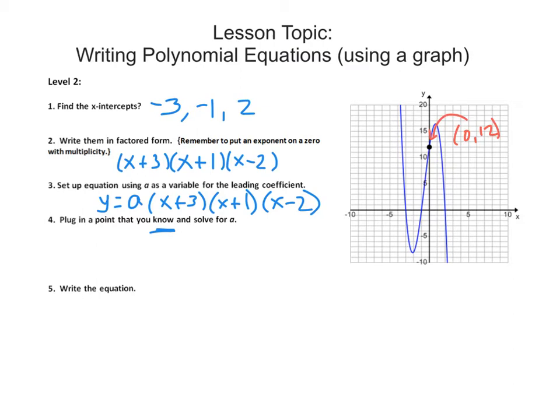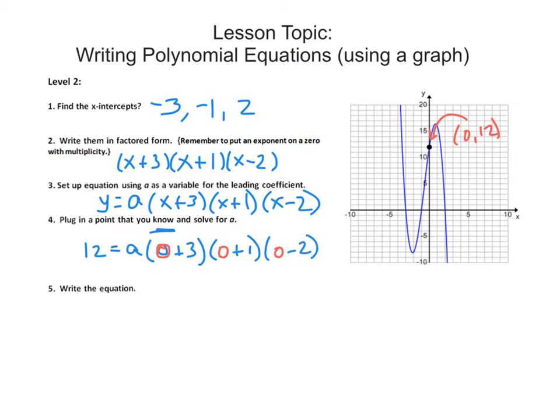And again, that's pretty helpful because the zeros are going to make the work pretty easy. So y, we're going to put 12. We're going to put a 0 in for x here, here, and here.